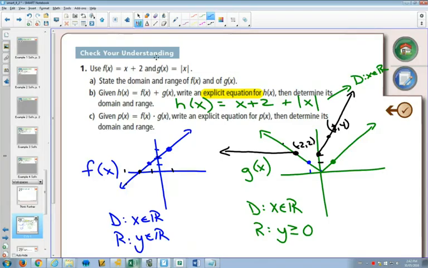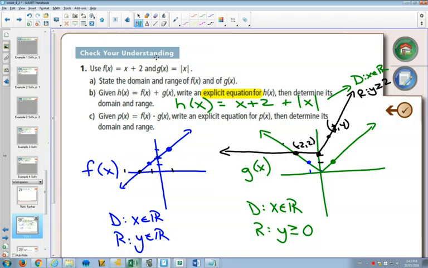Here we have a value of 1. It's going to stay flat at 2 all the way through. So when we add those two graphs together, it's going to be flat at 2 all the way through here. So our range is y is bigger than or equal to 2.